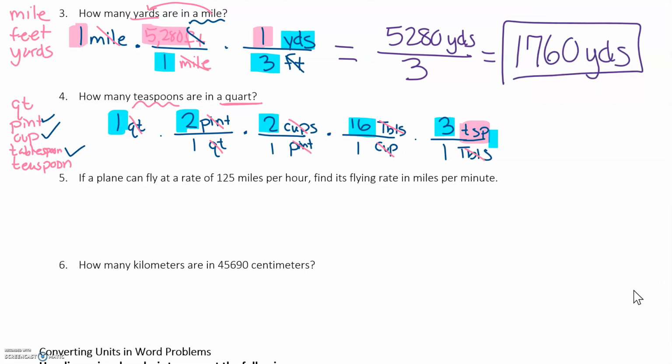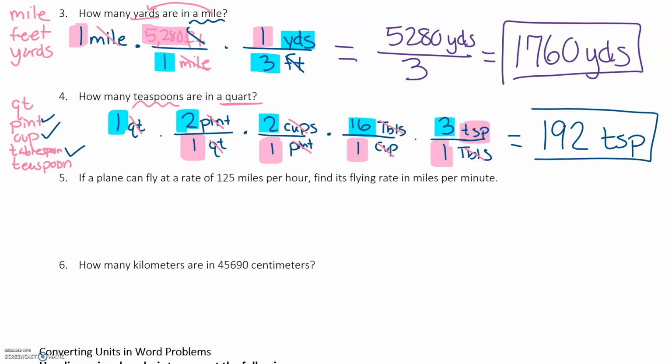So we're going to come over here. We said that was 192. We do need to check the bottom numbers. 1, 1, 1, 1. So that means it would all be over 1, so I don't need to write that part. This is 192 teaspoons. Okay.